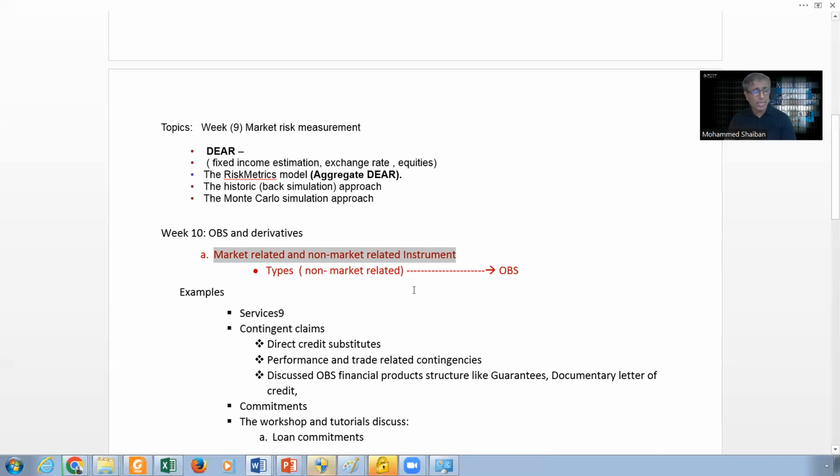Then we talked about commitments, specifically the loan commitment, and we did some calculations of the upfront fee and the back-end fees, which we discussed in the tutorial and also in the workshop.